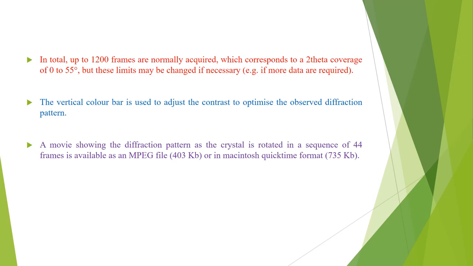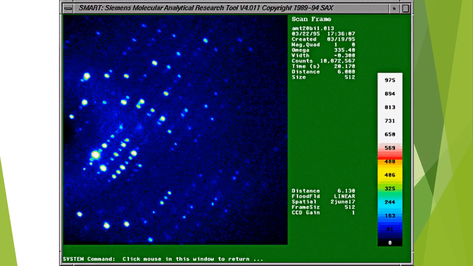For different operating systems used in the computer, there are different kinds of software and different kinds of frame values that are used in MPEG files and also in Macintosh QuickTime format. Here is a pictorial display of the frame that comes out when we use the SMART tool, and all about this is discussed in the previous slide.